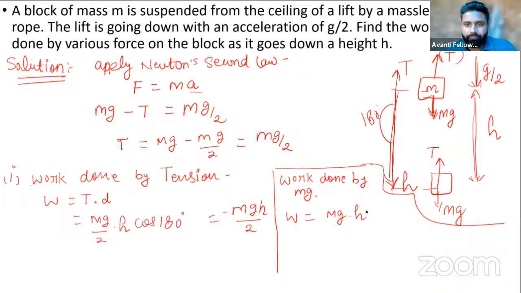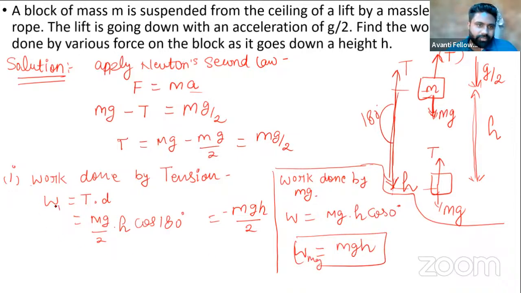So it is mgh cos 0. The work done here by the mg force is mgh only, and the earlier work done is by the tension force. Okay, got it?